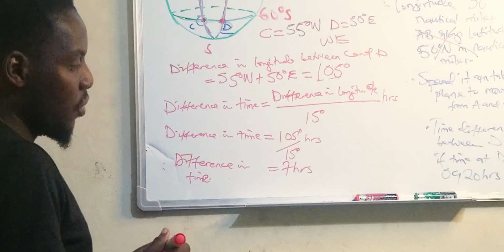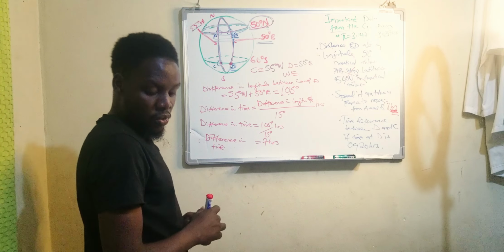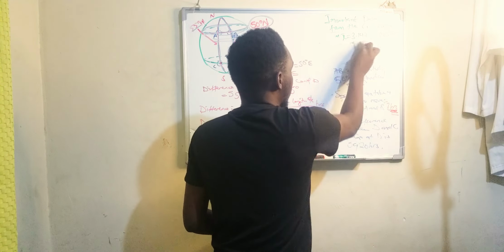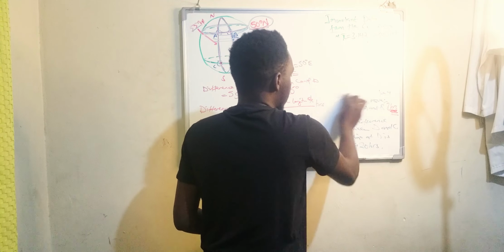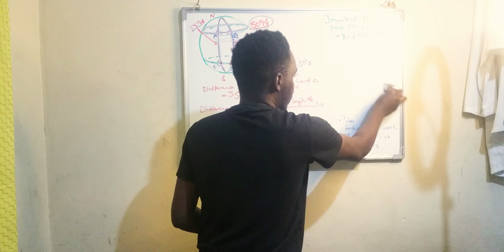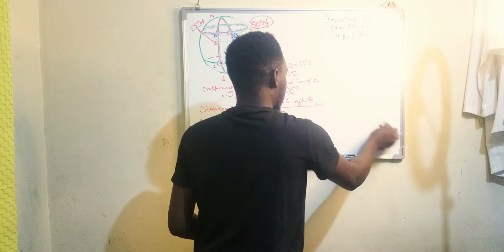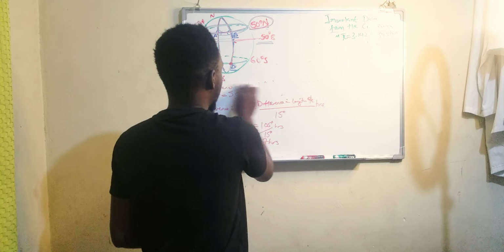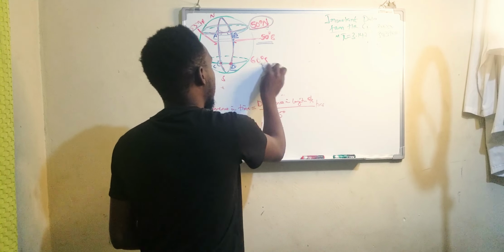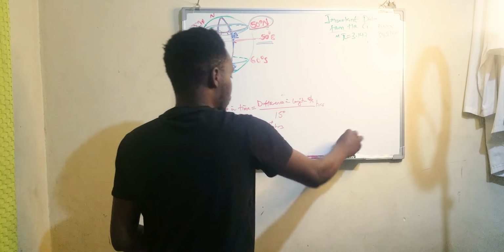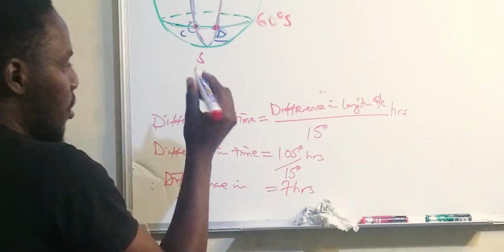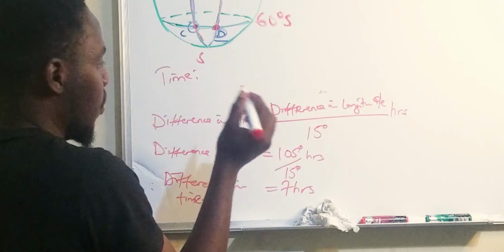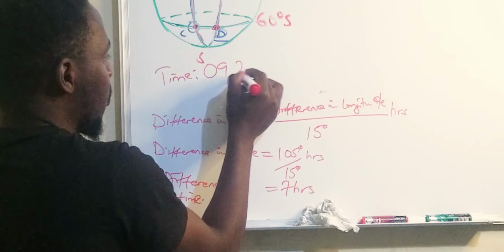Now, once you have reached this point, what you should do is get the time difference that you have calculated. Ask yourself, first, the time at D, which has been given, is 0920 hours.